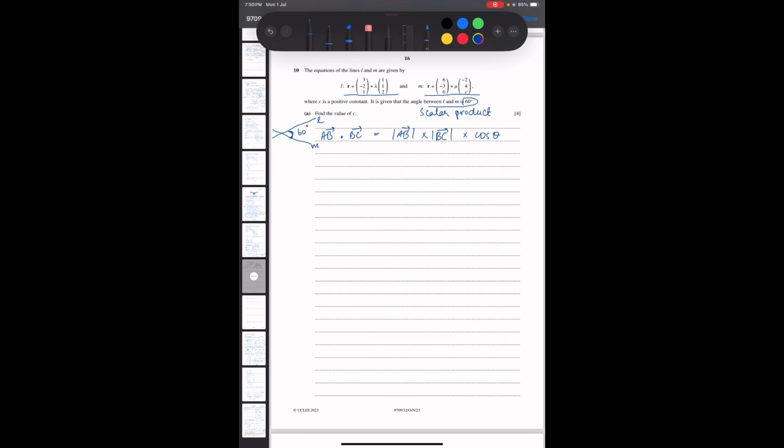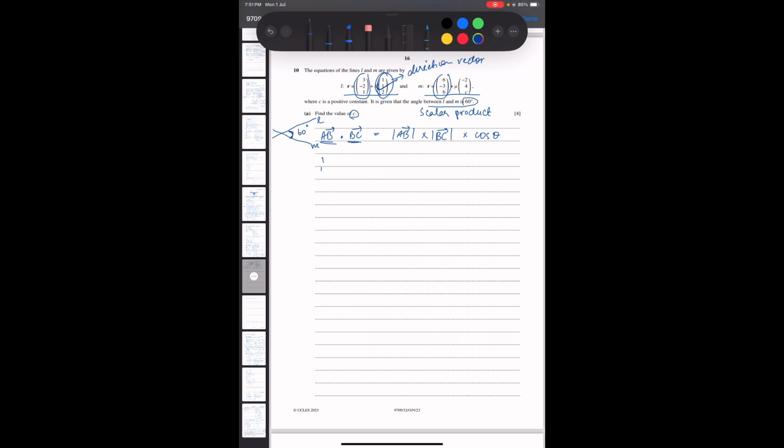Now using this information, we have to find the value of C. Now these AB vectors and BC vectors are basically the direction vectors. Remember, these are not this vector, this is this vector. In line equation, when we make vector equation, this part is known as the direction vector, and this is the vector that we have to include in our scalar product formula.